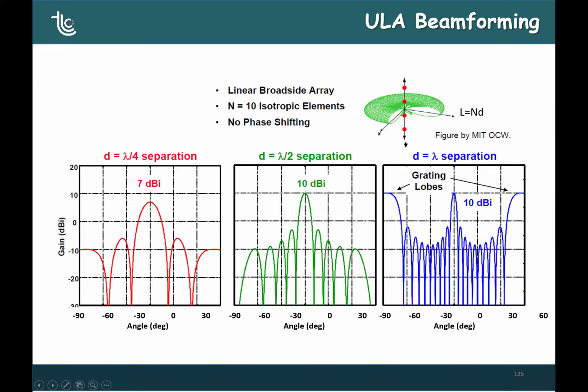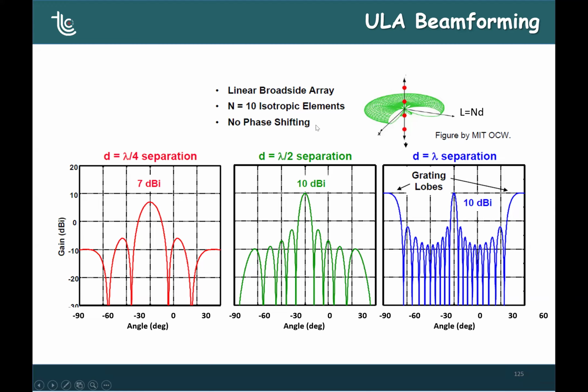Then we can think that increasing the distance between the elements even more can improve the gain of the antenna. But this is not true, because when d is greater than lambda over 2, the gain is the same, 10 dB, but we have the creation of very high side lobes, which are called grating lobes.